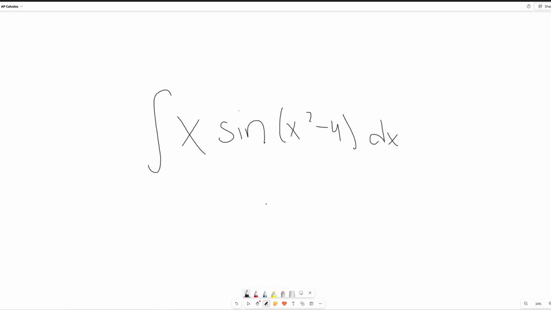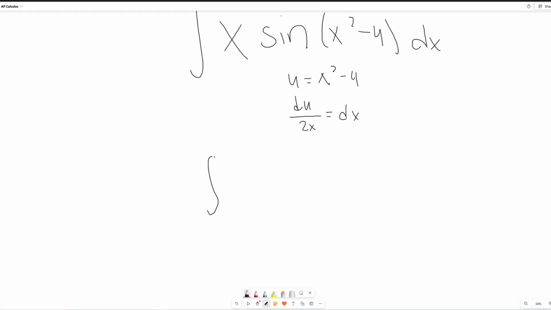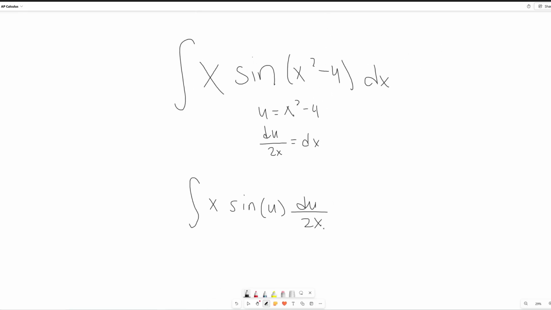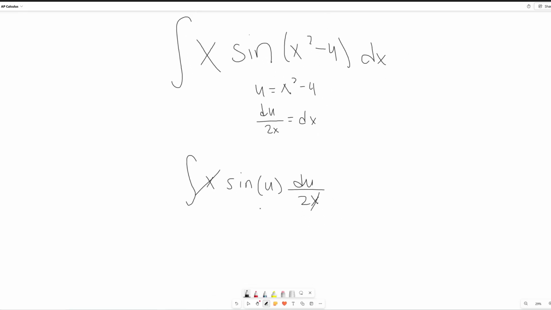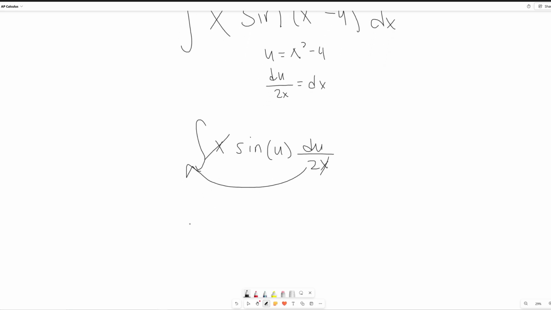we can find our u value. So, I think at this point, it should be getting easier to figure out what the u value is. Here, it's that bigger function that's inside something, right? So u is x squared minus 4, and that means du over 2x equals dx. So we have the integral of x sine of u du over 2x. All right. Here we can cross out these x's and move this 1/2 to the front.